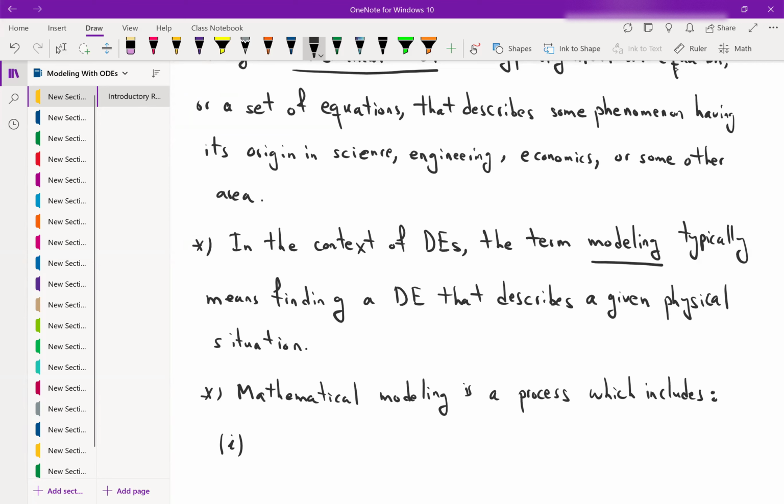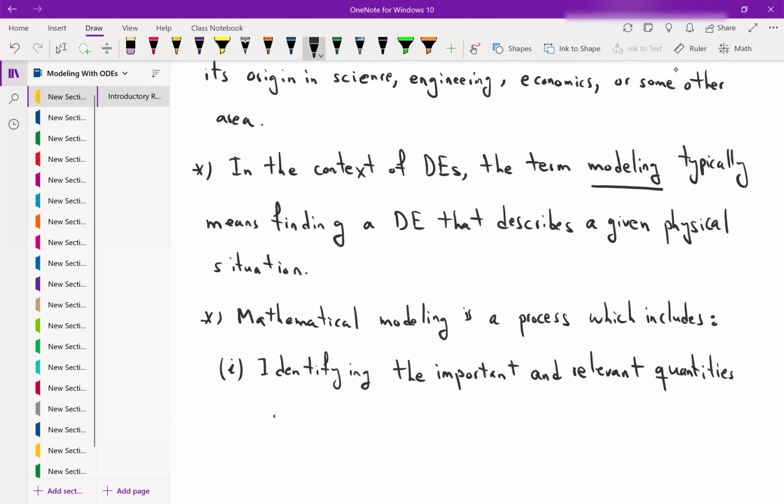So one of the stages will be identifying the important and relevant quantities, variables, involved in the system that you are studying, involved in the phenomenon under consideration.